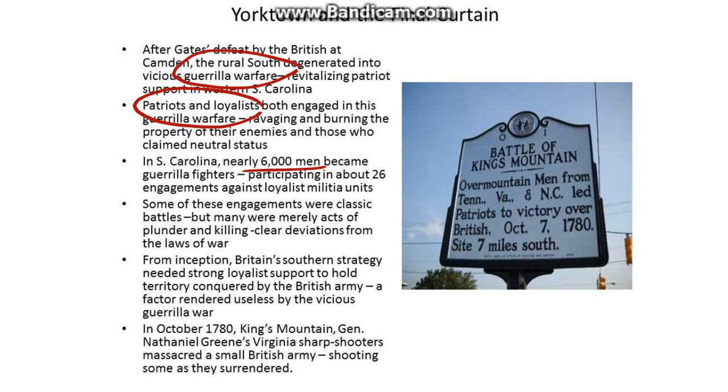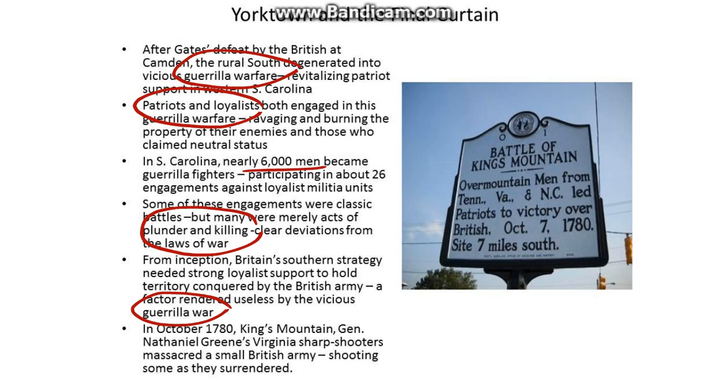Some of these engagements were classic battles, but many were just acts of plundering and killing, clear deviations from the laws of war. From inception, Britain's southern strategy needed strong Loyalist support to hold territory conquered by the British Army, a fact rendered useless by guerrilla warfare.